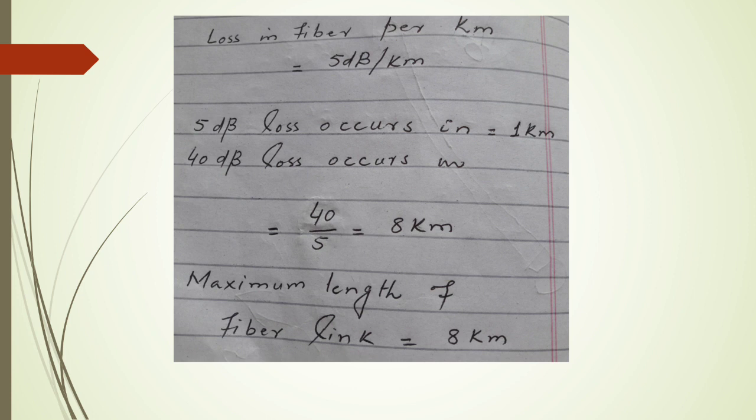So 5 dB loss occurs in 1 kilometer length. Definitely 40 dB loss occurs in 40 divided by 5, that is 8 kilometer. So maximum length of the fiber link will be 8 kilometer.